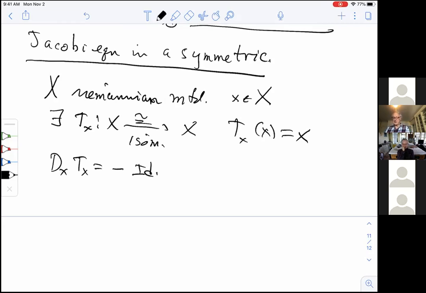So this manifold is somehow around every point symmetric, in the sense that you can reverse the direction. There's an isometry fixing the point and reversing all directions.